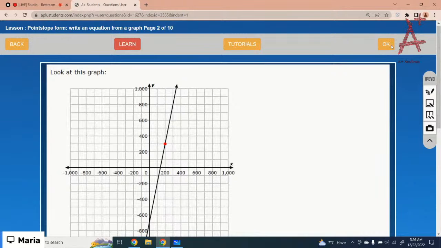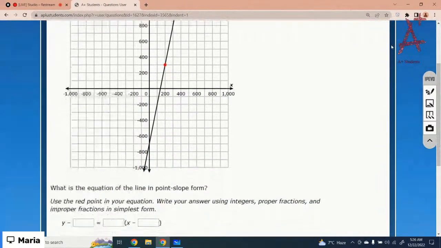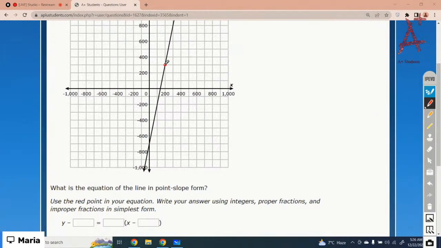Okay, the next one is look at the graph. What is the equation of the line in point slope form? Okay, the point is x is 200, y is 300. Use any other point. I'm going to use this one: x is 300, y is 800.